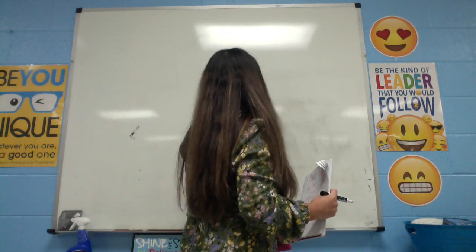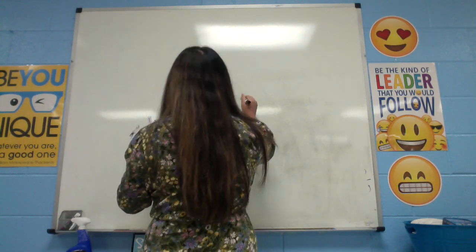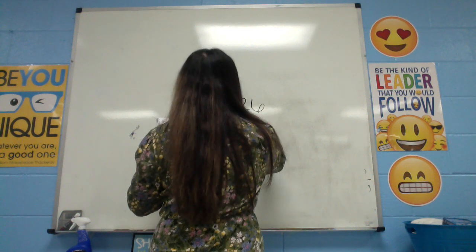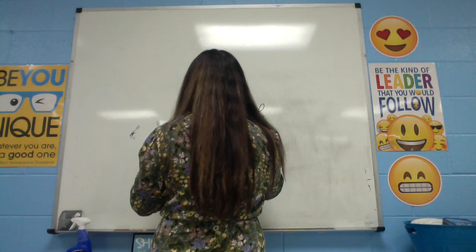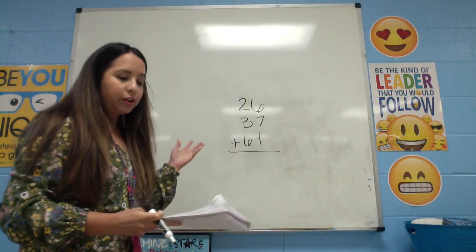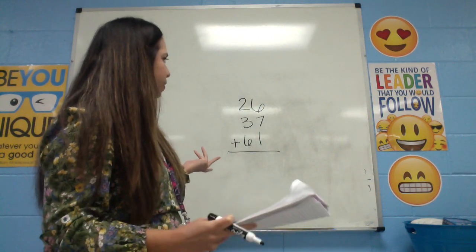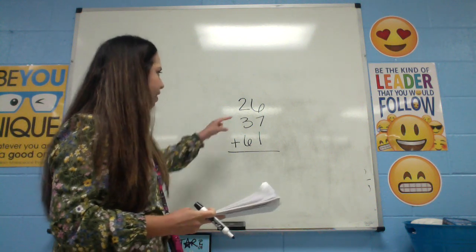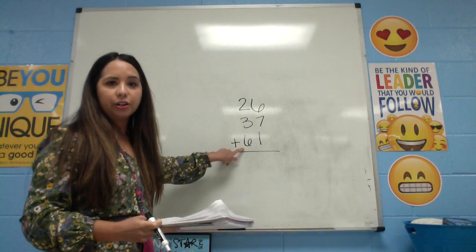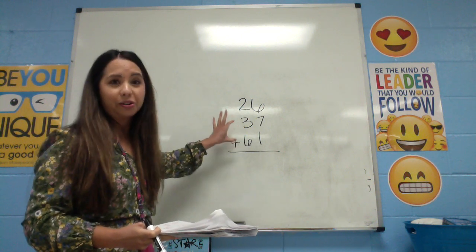Here's another example for the grouping property, the associative property, let's look at this one. 26 plus 37 plus 61. Okay, I'm going to decide on what two numbers to add first. I think if we add 37 plus 61 first, that's easier because there's no regrouping.